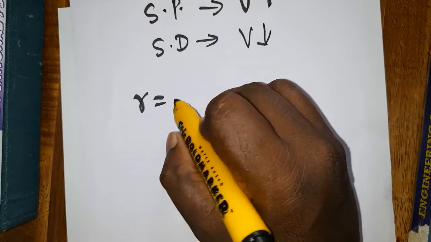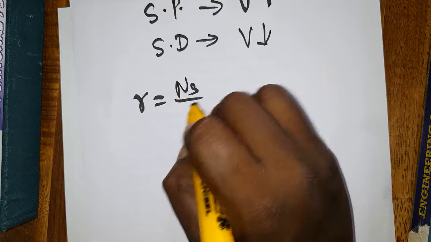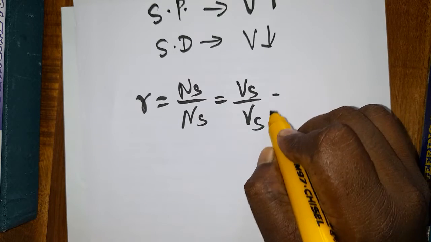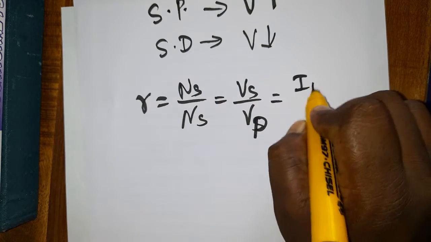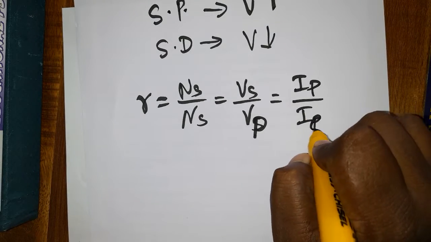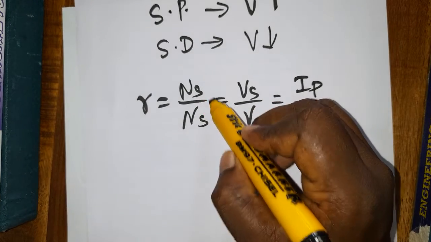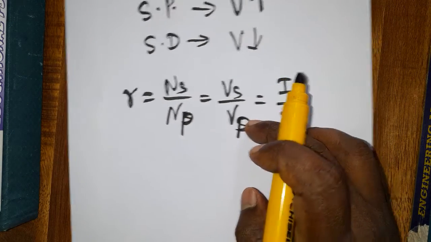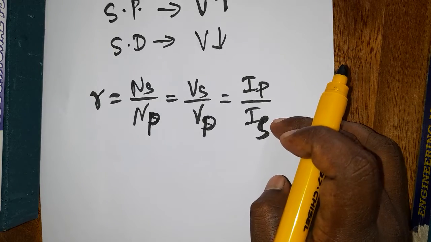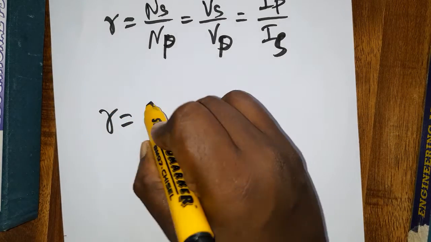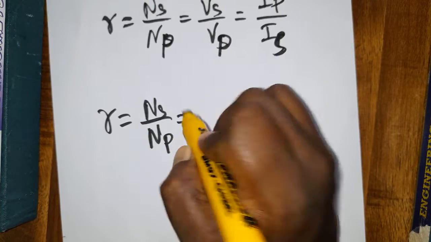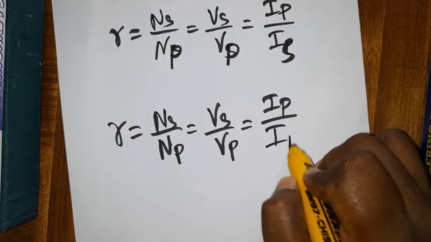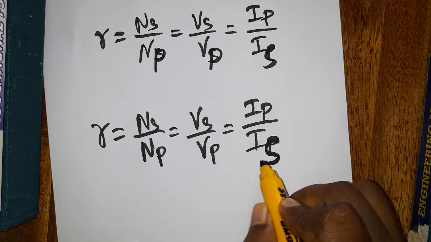The ratio formula is equal to Ns by Np, Vs by Vp, Ip by Is. Only the current will be opposite. In the ratio formula, it is secondary coil divided by primary coil for number of turns, secondary voltage divided by primary voltage, and for current, Ip by Is, since current is opposite.